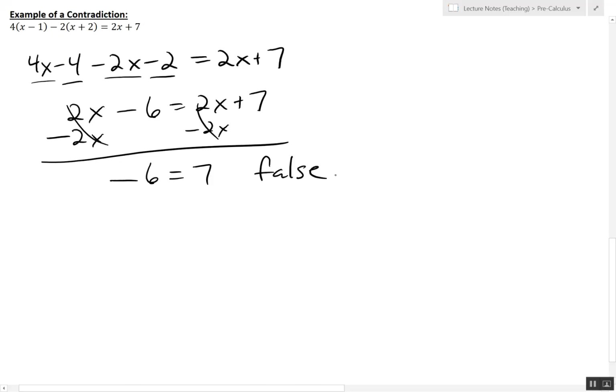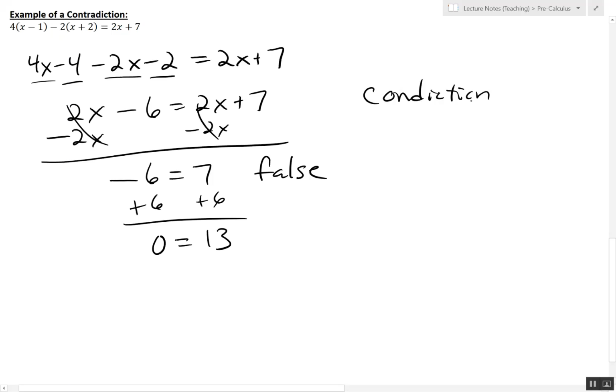So you don't actually have to get all the way down to 0 equals something else. But that typically is what happens a lot of the time. But notice we can just move the 6 to the other side and get 0 equals 13. And this is a contradiction. So no solution. But really, the contradiction revealed itself right here.